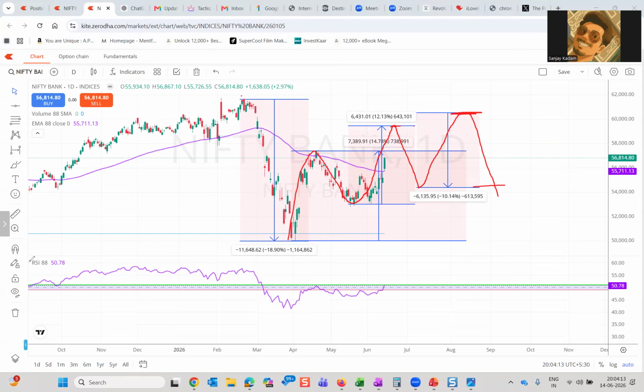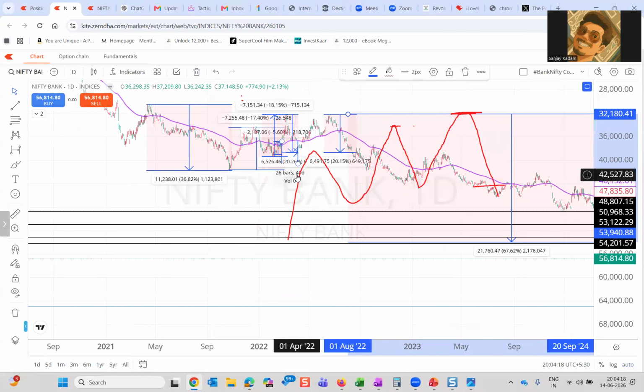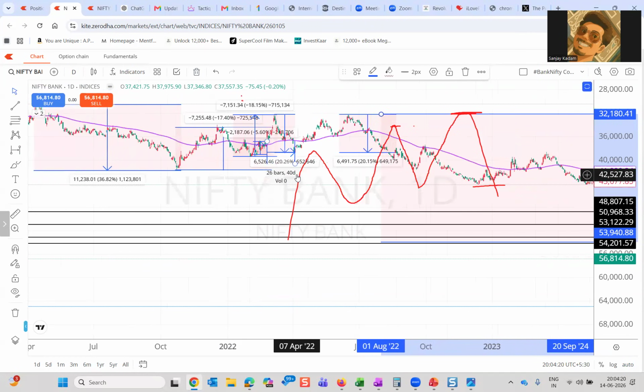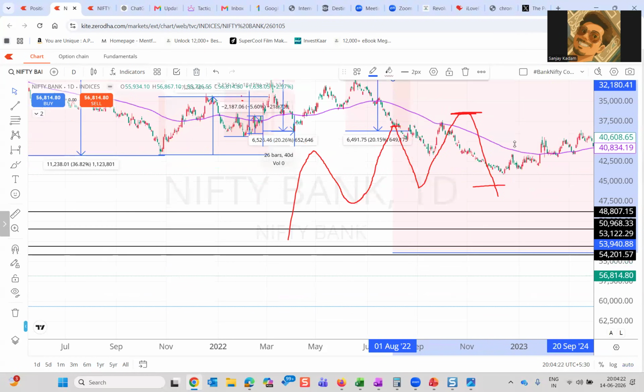It should be an equal high. Is it an equal high? Yes, it should be an equal high.